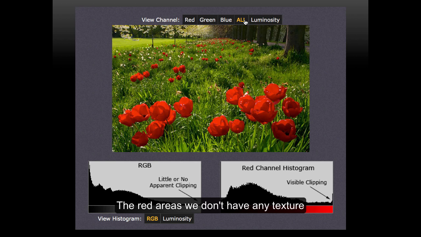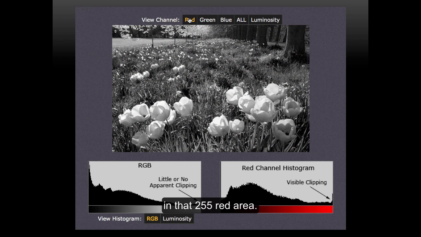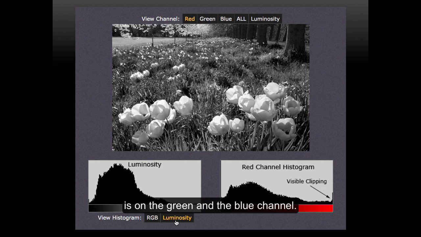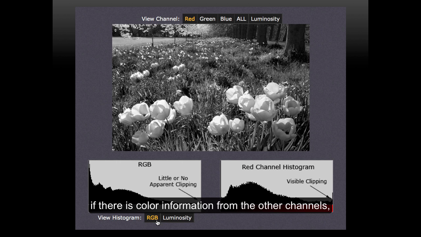The red areas, we don't have any texture in that 255 red area. However, we can't rule out what information is in the green and the blue channel. So the luminosity is not going to be clipped if there is color information from the other channels, the green and the blue.